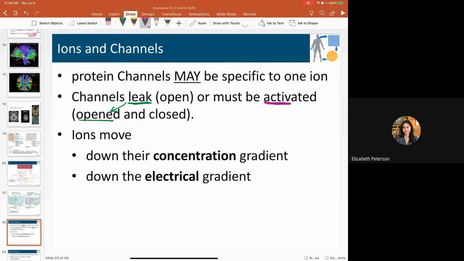So an activated channel is usually closed until it's, so at rest, it's closed. And when it's activated, this is very messy. When it's activated, then it will be opened.